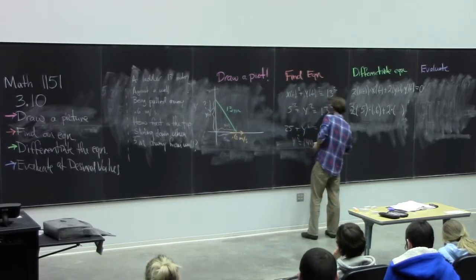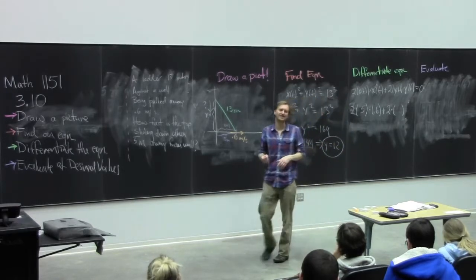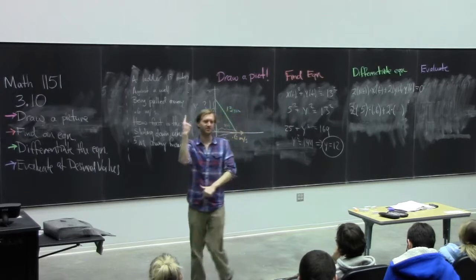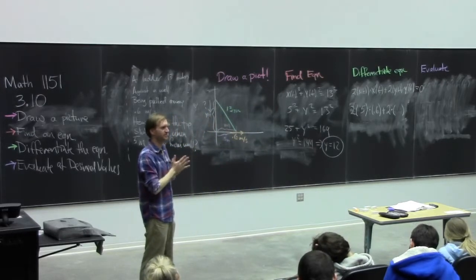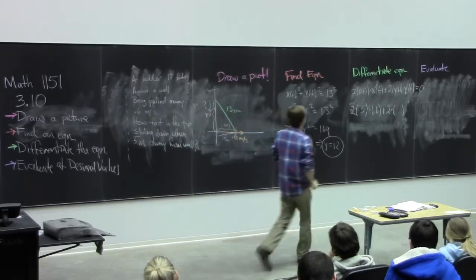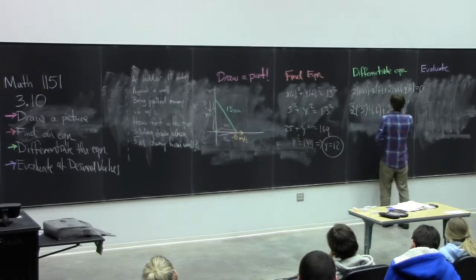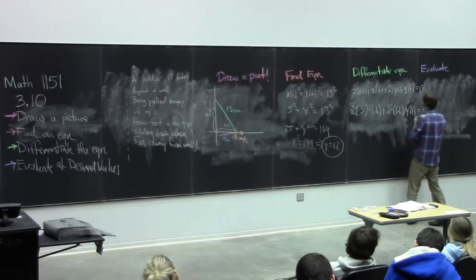So y is equal to plus or minus 12, but y has to equal plus 12 because it can't be minus 12. So 2 times 12 times y prime of t equals 0.